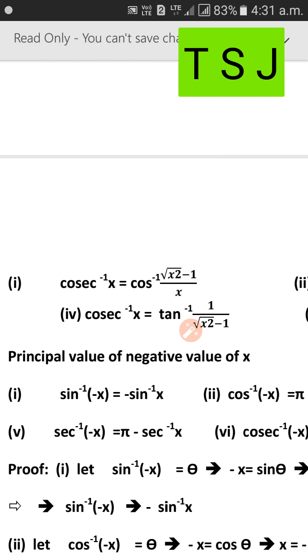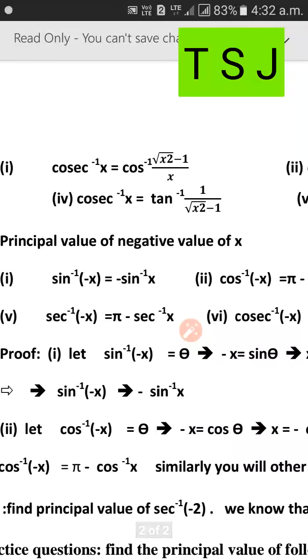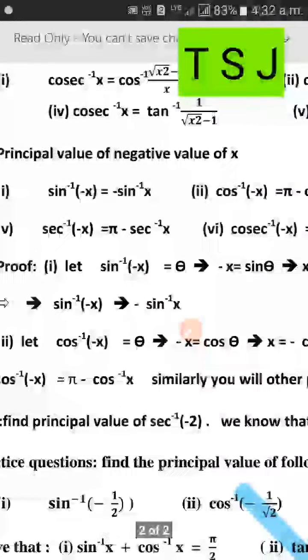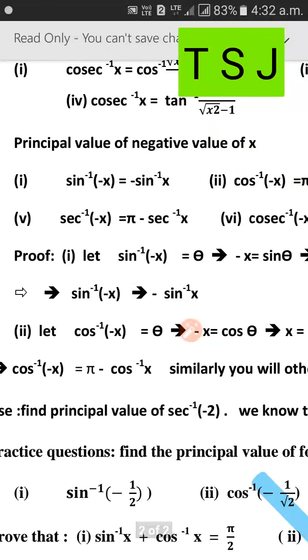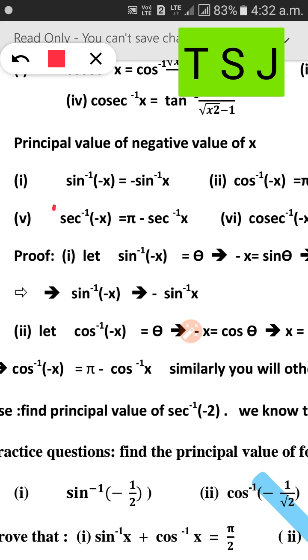So students, try to prove all these formulas to understand them better. Now, the principal values for negative values of x: sine inverse minus x equals minus sine inverse x.